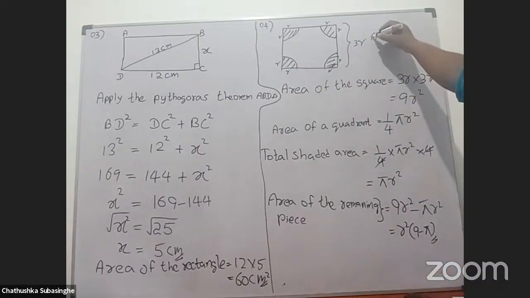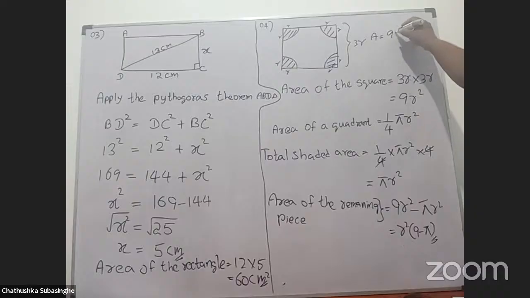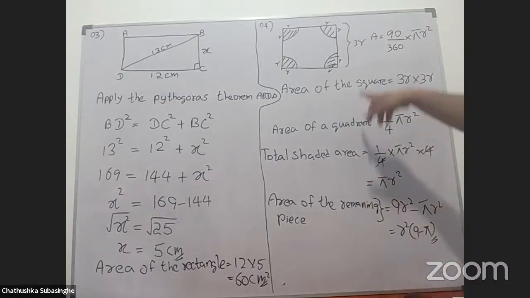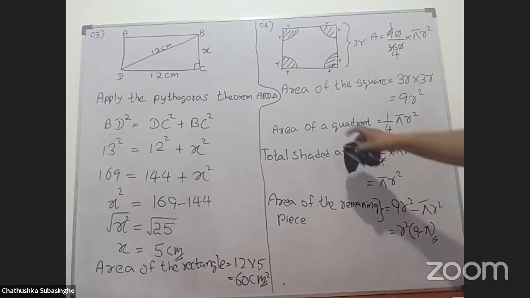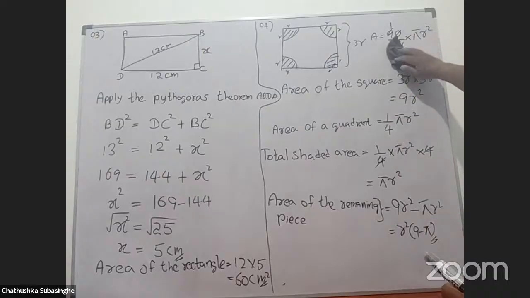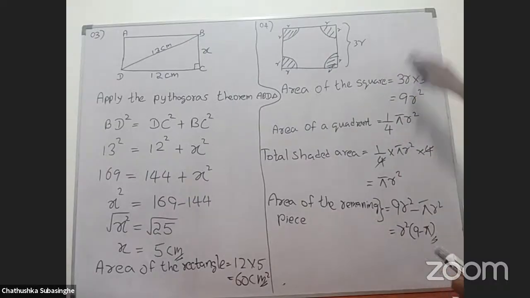We can find the area of that sector by using 90 over 360 into pi r square. That is the equation we use, right? We have to write the angle. When we simplify 90 over 360, we get 1 over 4. We get the same thing again, right? So the area of the quadrant is 1/4 of pi r square.